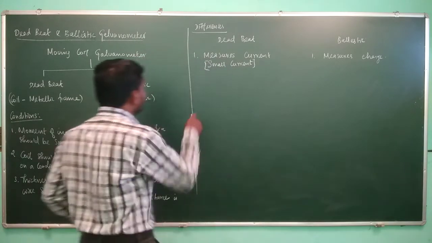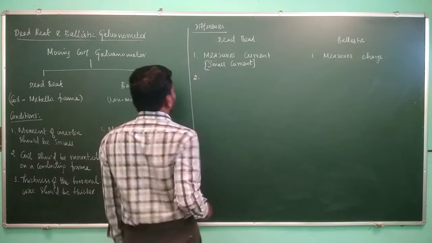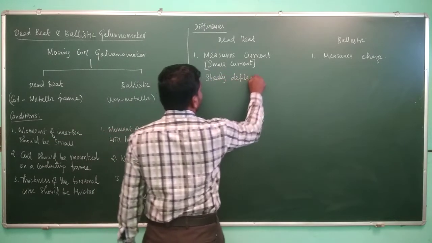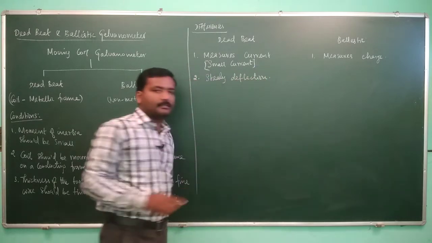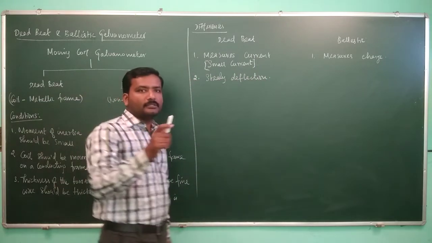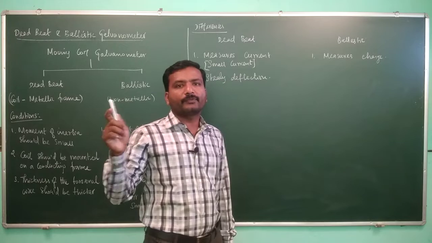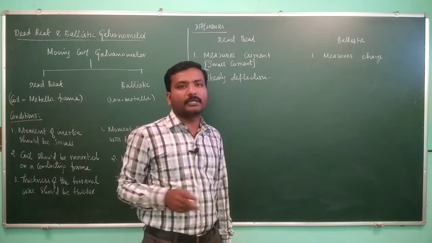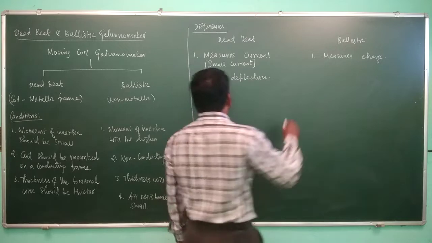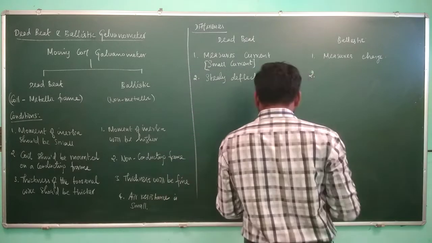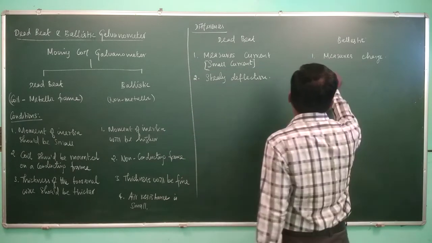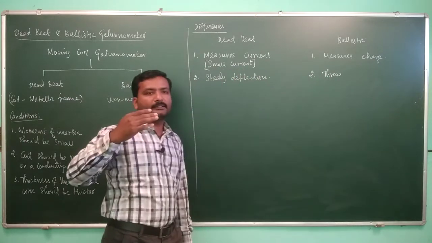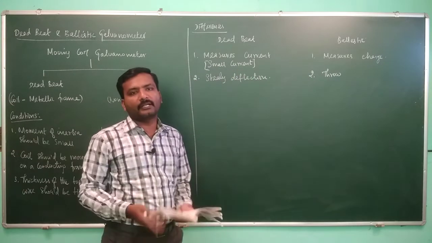And here, in order to measure the current, the steady deflection is used. That is, the spot of the light has a steady deflection. From zero, it moves to some other point and stays there until we remove the current. While here, we are using a throw, right? A momentary passing of current creates a throw in the spot of the light.